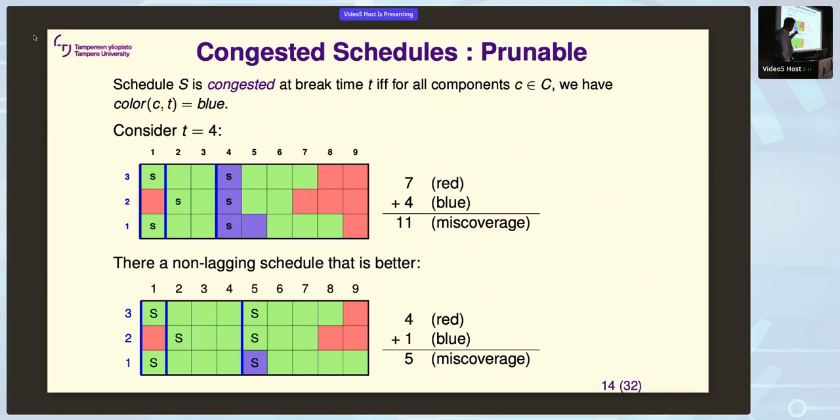In that case, we can move this breakpoint one step further. And again, we get improvement. The schedule which is still left in the search space is better than this one, which we will prune out.